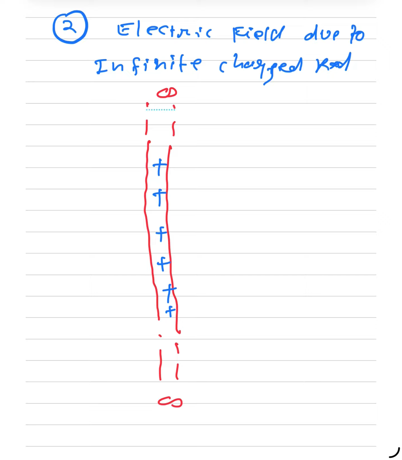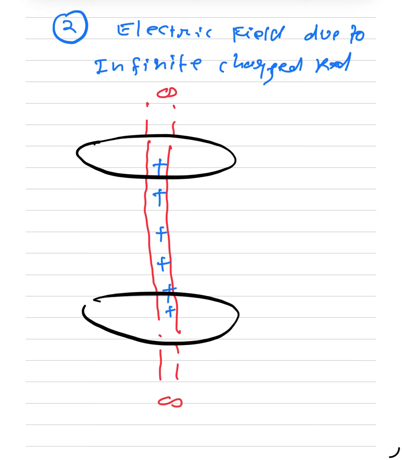From the Gaussian surface, the Gauss theorem, around the charge rod, consider a virtual Gaussian surface of cylindrical design, and if I want to calculate the electric field at this region, this is the small r distance, the radius of the virtual cylindrical Gaussian surface.